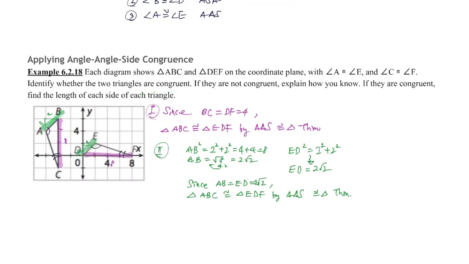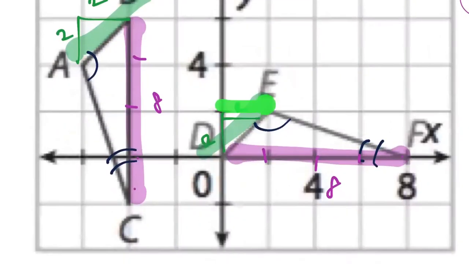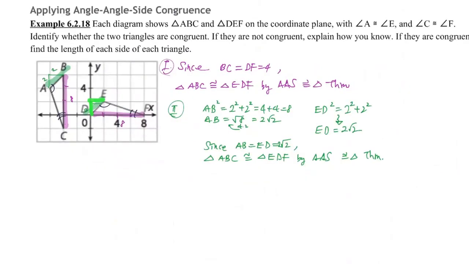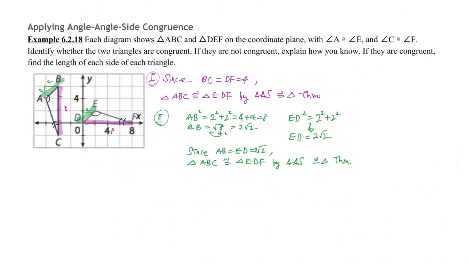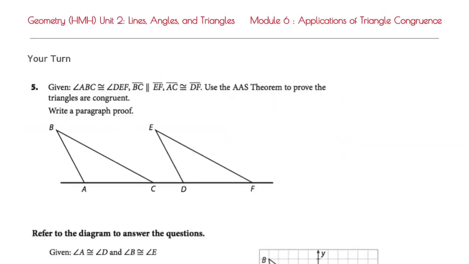And because, let's zoom in, that's a 2 and a 2, and a 2 and a 2 here and here, we could figure out the length fairly quickly using the distance formula, right? So either way, these two triangles are congruent by angle, angle, side. Okay. The pink, the magenta, was the easier of the two.